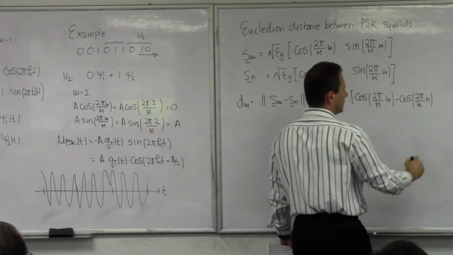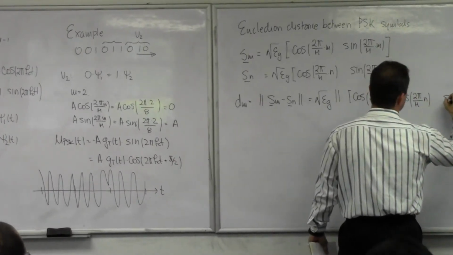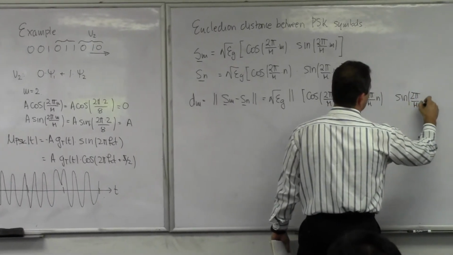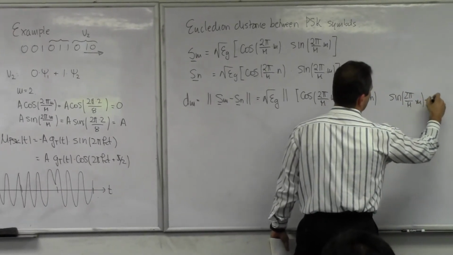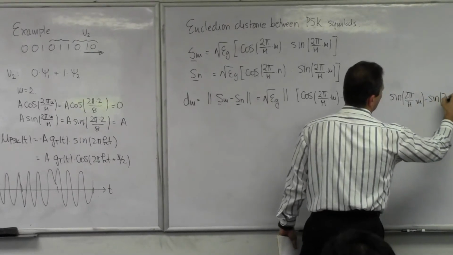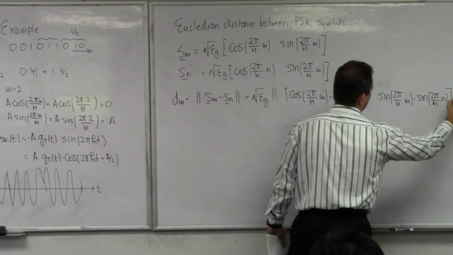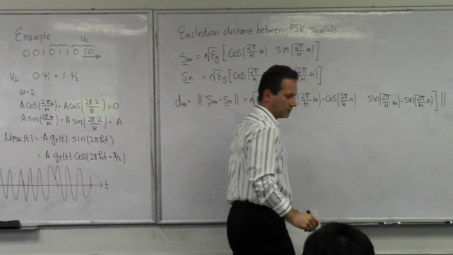So that's the first coordinate. And the second one is sine 2 pi over M times m minus sine of 2 pi over M times n. Looking at the norm of this vector.